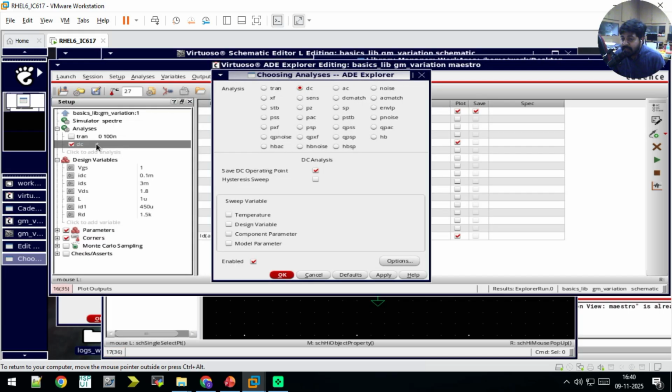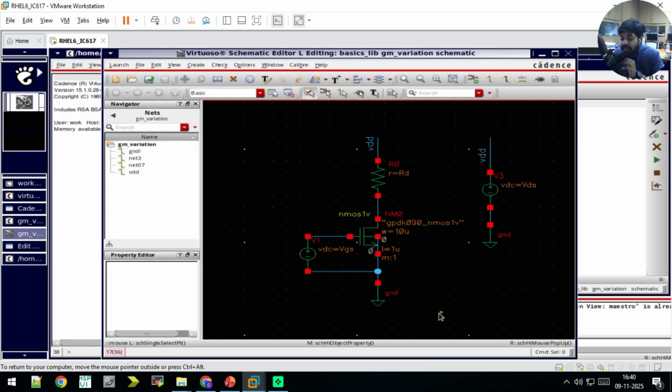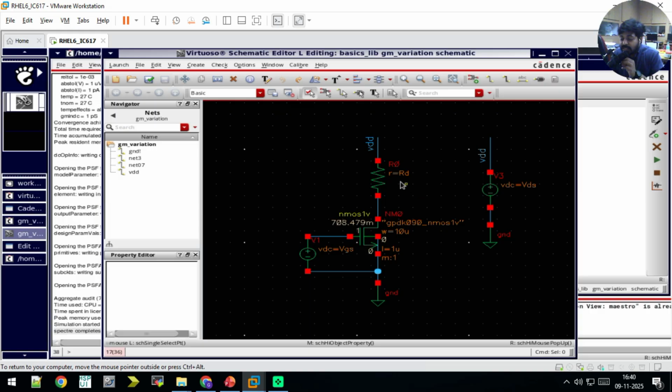I will be taking my analysis as DC, selecting the operating point, and running it once. Then let me come to the schematic, where I can show you the VDS, which is around 1.8 volts that I give. This is where 1.8 volts will be supplied, and the same 1.8 volts is connected and supplied over here.